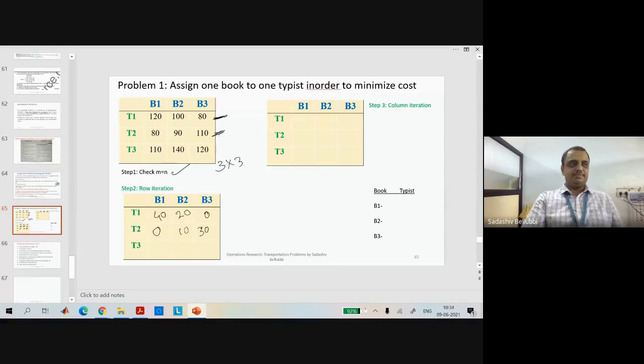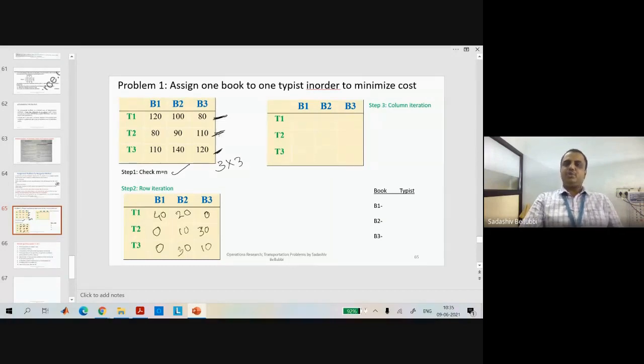In the third row, what is the least number? Again 110. So 110 minus 110, 140 minus 110 is 30, and the next one, 120 minus 110, that is 10. Okay, we are finished with the row iteration. I hope it's clear.